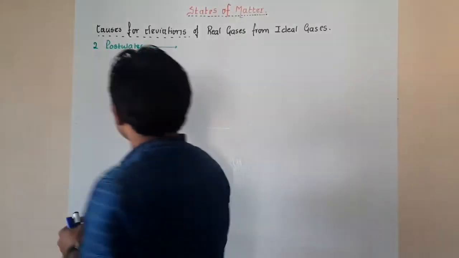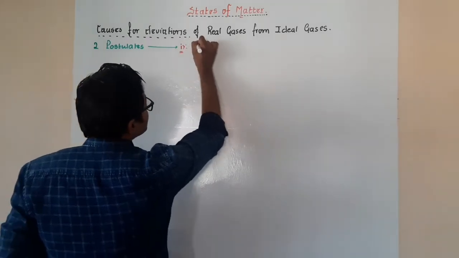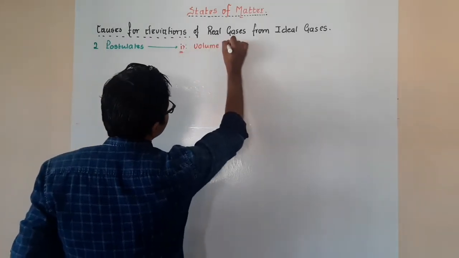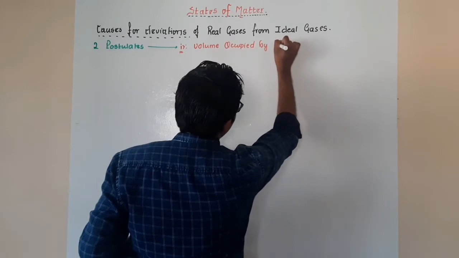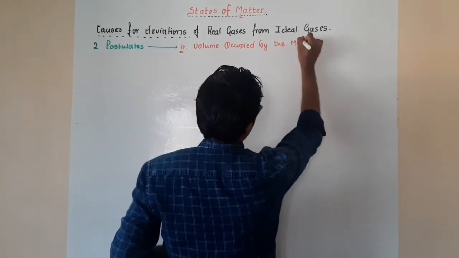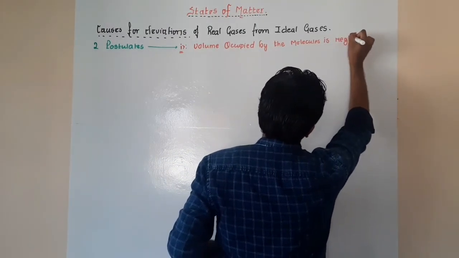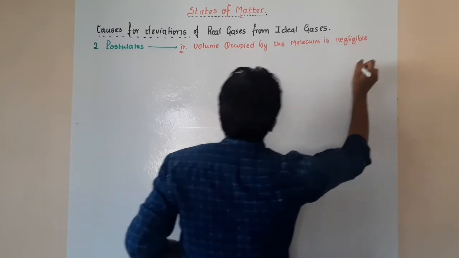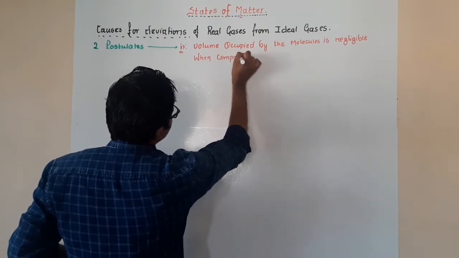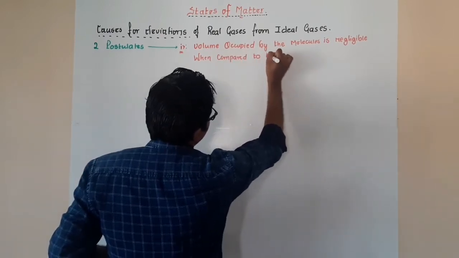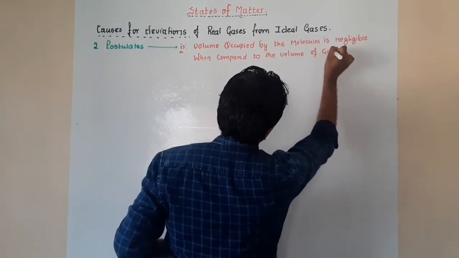The first postulate which is not correct is that the volume occupied by the molecules is negligible when compared to the volume of the gas itself.